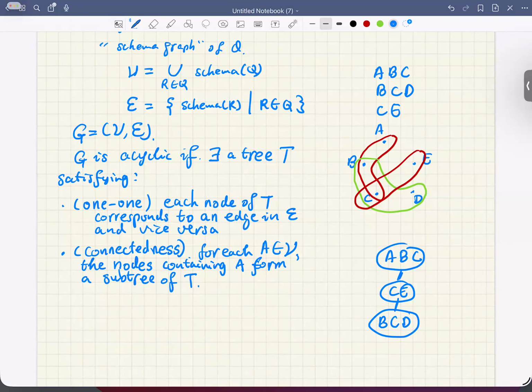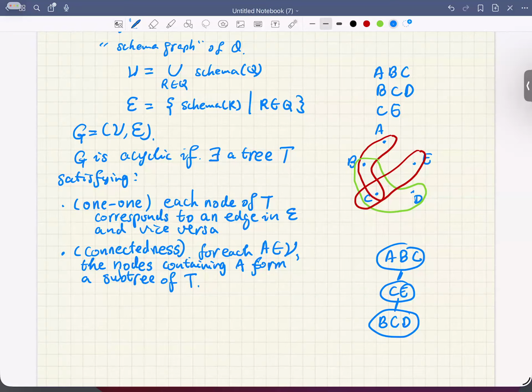What I'm saying is that you can reach from one node to another by traveling just over the nodes containing this A. So for example, this tree here does not satisfy the second property, the second condition.